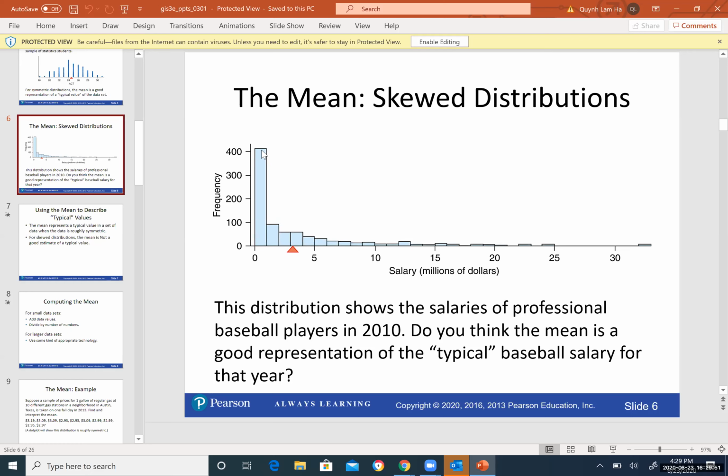Okay, 400 families, how much were they gaining? The bottom here is talking about salary: 1,000, 2, 4, 5,000, 10,000, 15,000, 20 million. I'm sorry, million, not thousand. Million, 5 million, 10 million, 15 million, 20 million, 25, and so on.